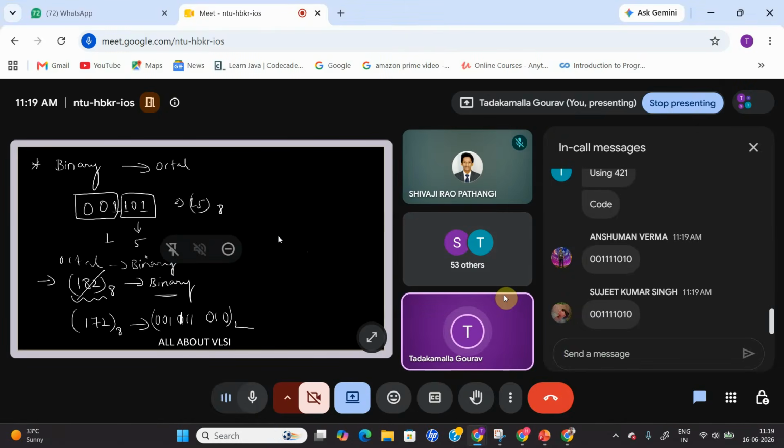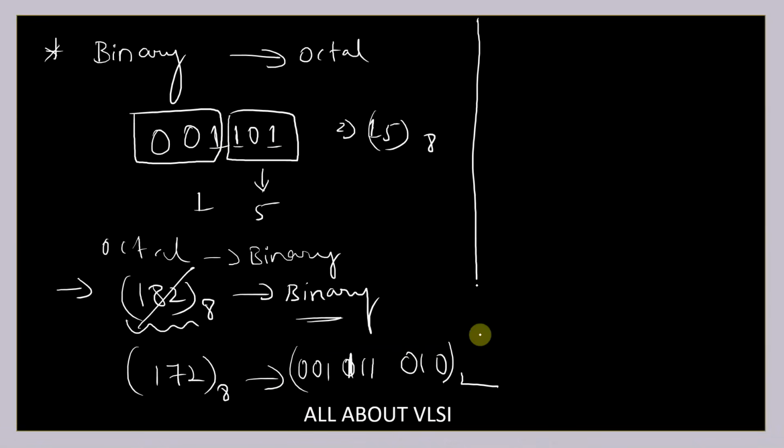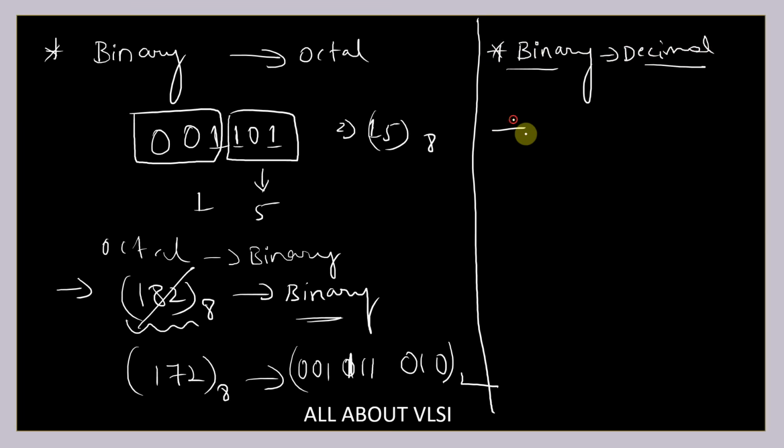Exactly, correct. Now, if I want to perform the conversion from binary to decimal, what will be the process? Let's say I have the binary number 1011 base 2. How do I convert it into decimal base 10?